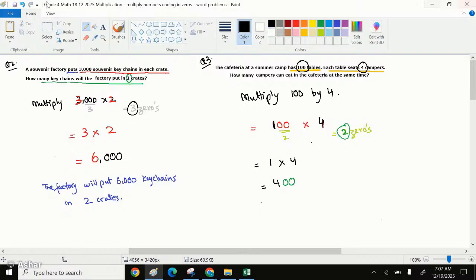Therefore, the answer is 400 campers can eat in the cafeteria at the same time.